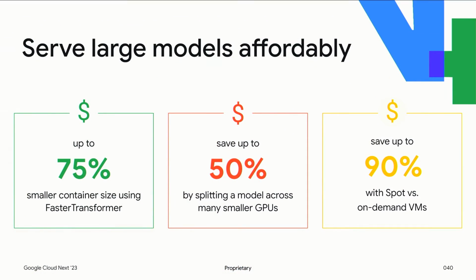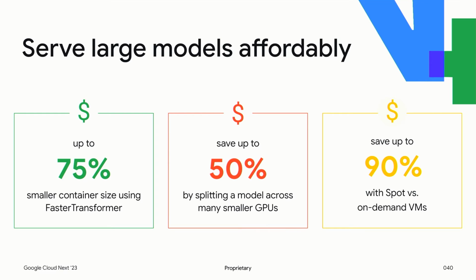One of the best ways I've seen customers save money doing inference is to remove from their container image any unused NVIDIA libraries and to serve using NVIDIA Triton and Faster Transformer. One customer that I spoke with was able to achieve a 75% reduction in the size of their containers by doing this.